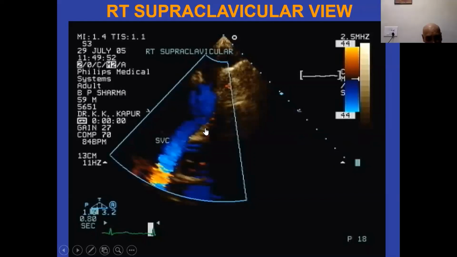That will depend upon the quality of the picture that you got. If you have a good quality picture from the parasternal short axis view, you have to make sure that you are at the tip of the mitral valve so that you take an accurate surface area. And you have to look at the subvalvular apparatus. You have to look at the mitral valve, whether it is thickened or calcified, and you can grade it accordingly.